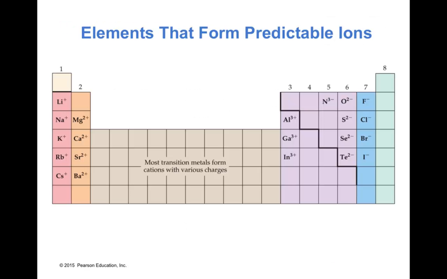So here we have basically the periodic table, but with the most predictable ions. For family 1, most of them are going to be +1, family 2, 2+, family 3, 3+, family 7, 1 minus, family 6, 2 minus, because remember they have 6 valence electrons, so they want to have 8 to have the same number of valence electrons as the noble gas, so they will need to gain 2 electrons.